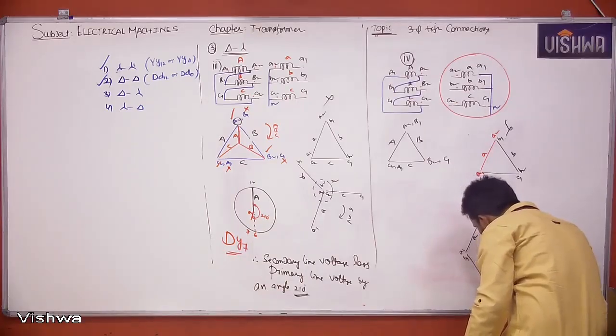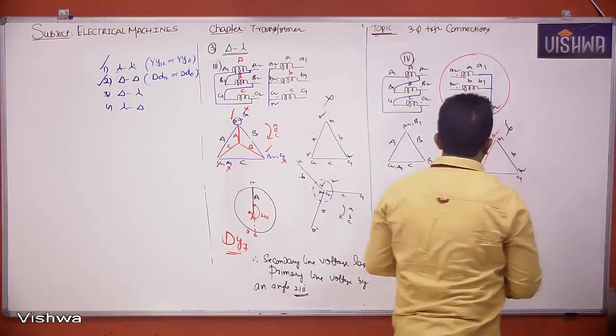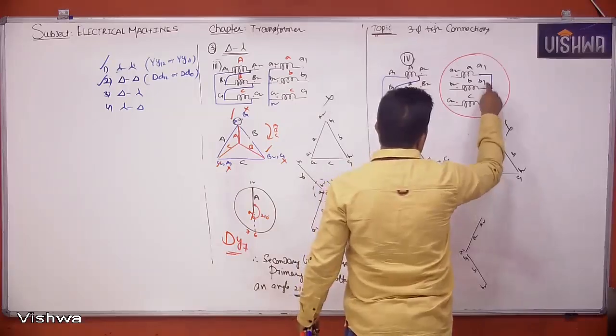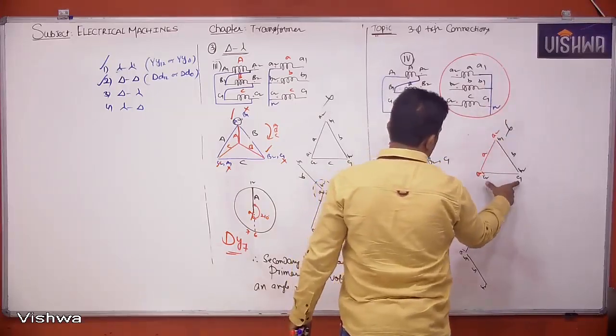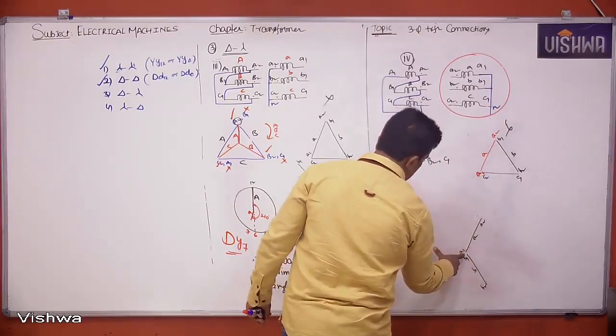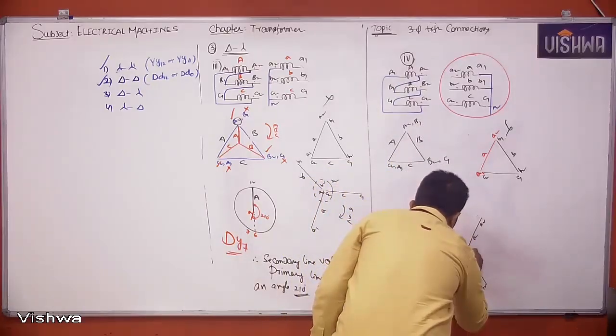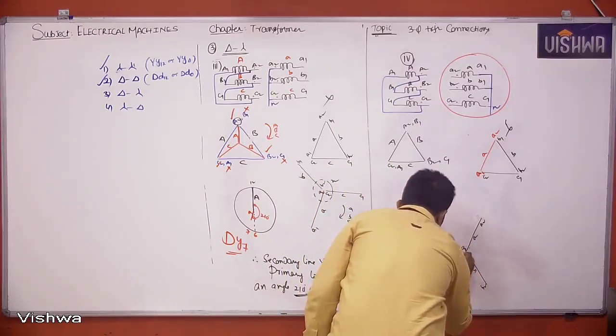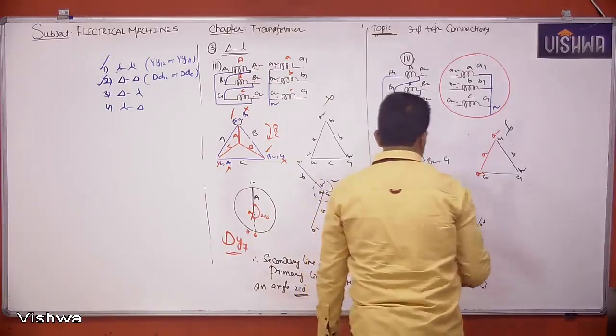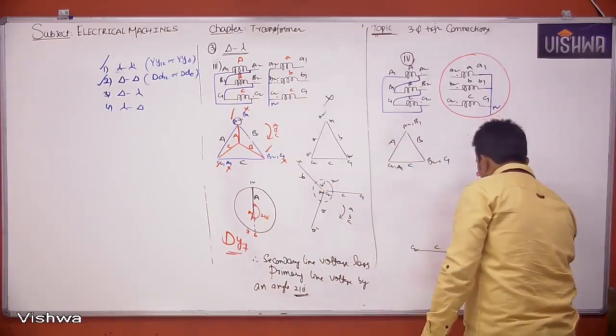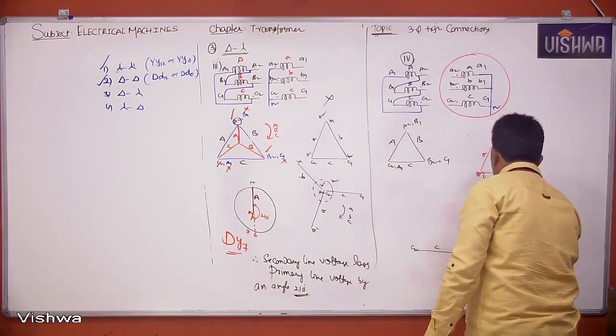B1, B2 is small b. And C1 should start with the B1, A1. So C1 is here, C2 is here. I should draw like this. Therefore, this is C1, this is C2, C vector. So A1, B1, C1 should start with the neutral N.